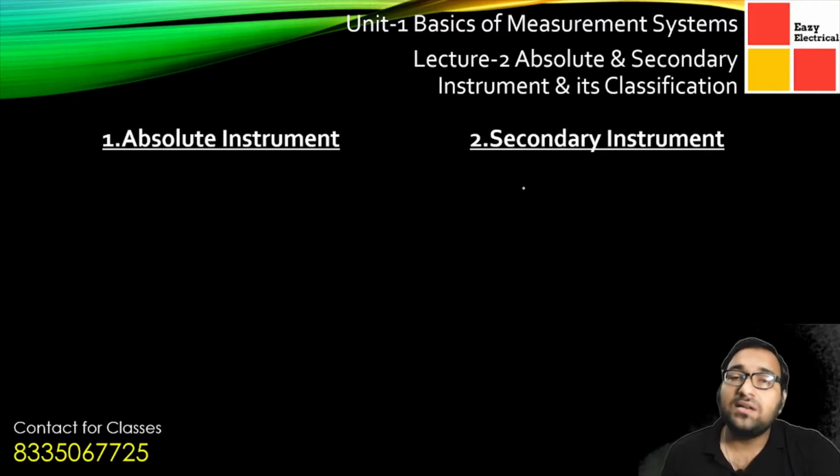And what are the secondary instruments? Secondary instruments are those instruments which are calibrated based upon the absolute instrument. That means the basic measurement fundamentals are associated with the absolute instruments, and after calibration with respect to the absolute instrument we derive the secondary instrument.